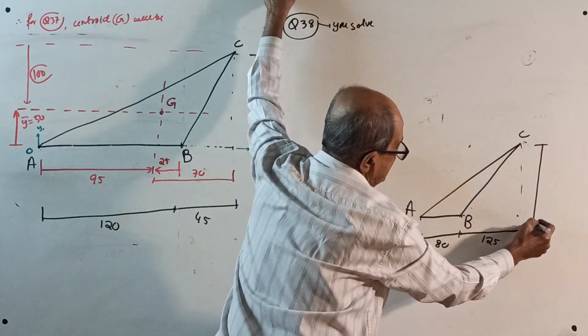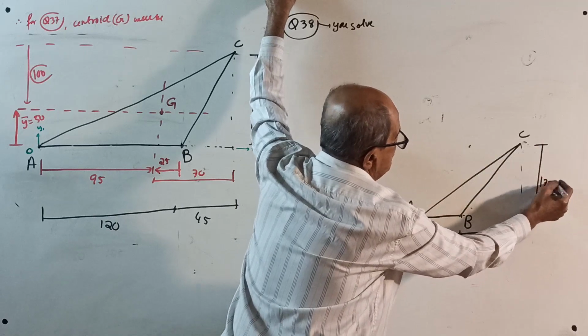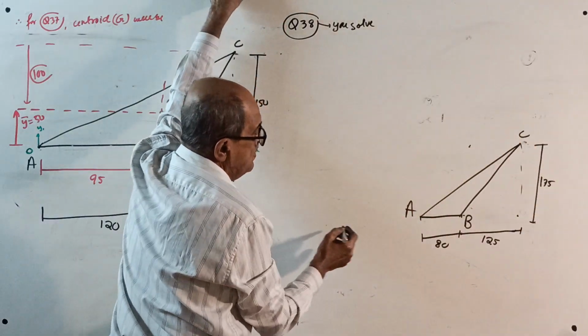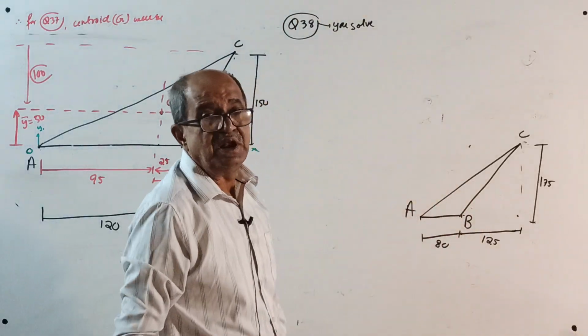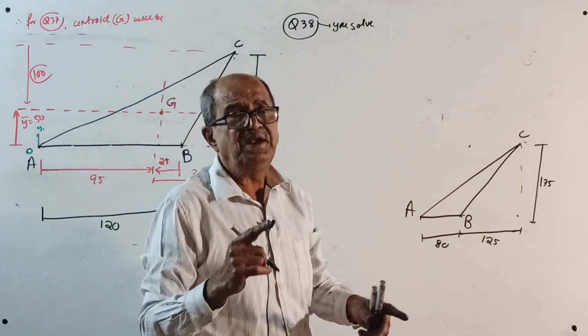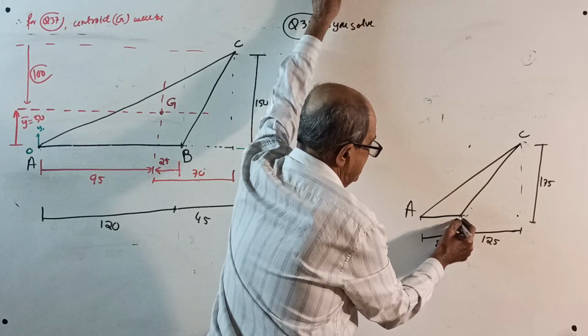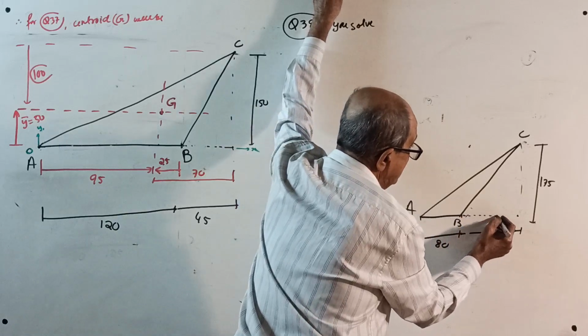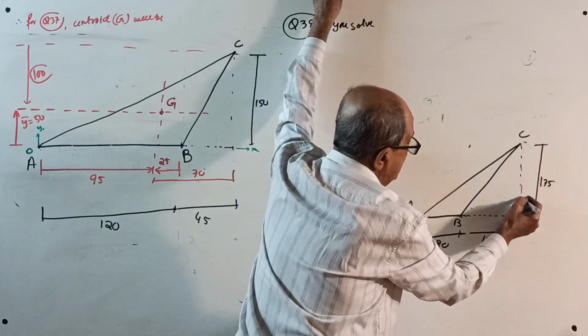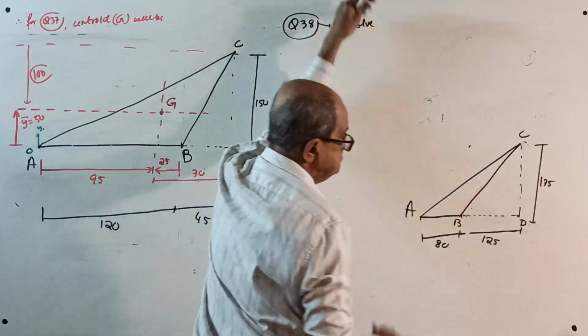And height is 175. What you do is, you first copy the question. Then extend this line up to here, and mark the point D.